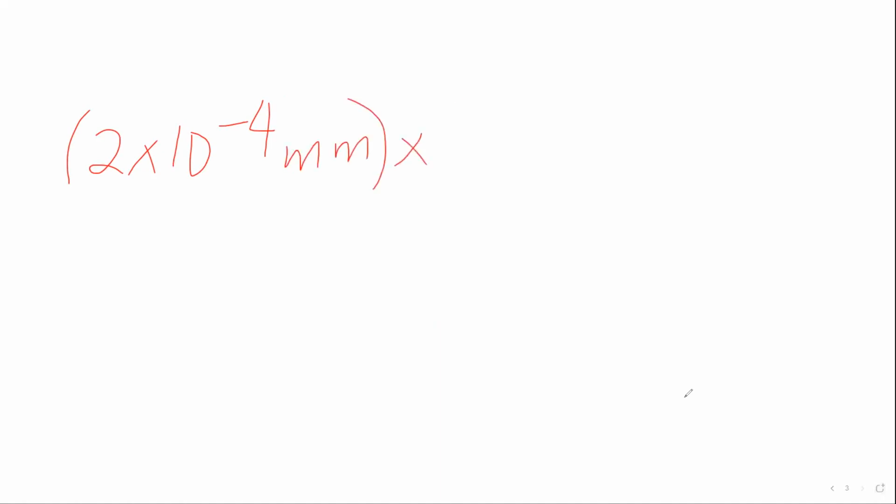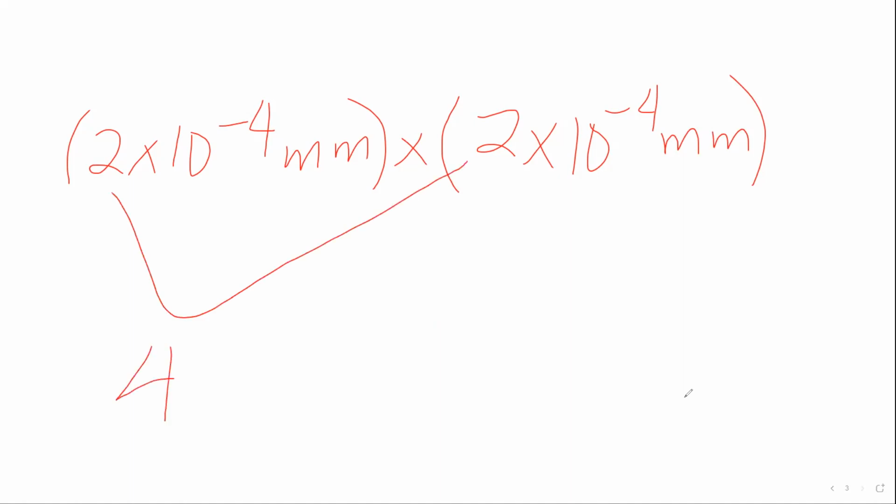Okay, times. And by the way, when you are multiplying anything, they all have to be in the correct number of sig figs. You just got to remember that. All right, so multiply these two, right? That gives me 4.